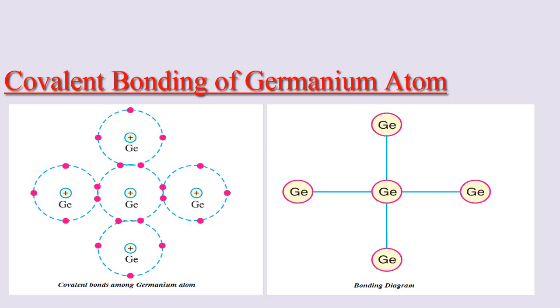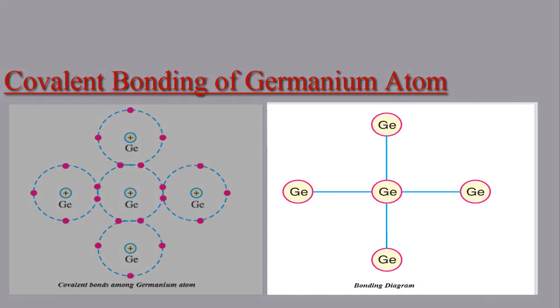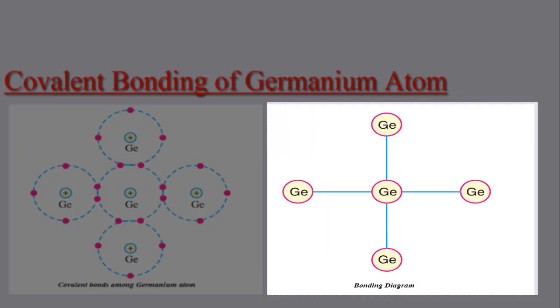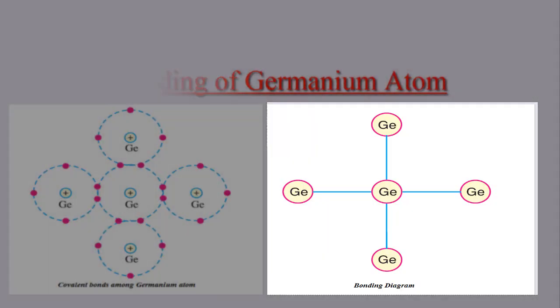Each neighboring atom shares 1 valence electron with the central atom. In this process, the central atom completes its last orbit by having 8 electrons revolving round the nucleus. In this way, the central atom sets up covalent bonding of germanium atoms.